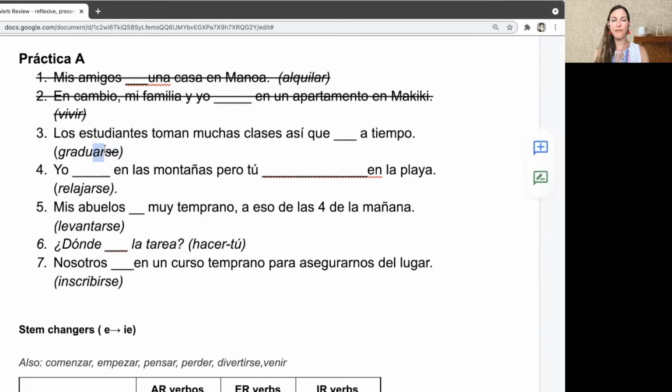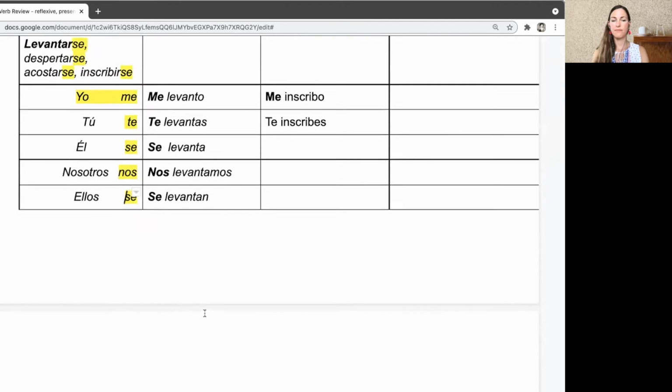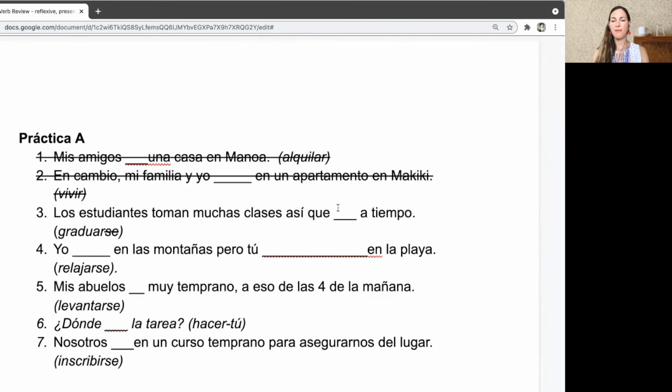We need the ending for they. So toman muchas clases, así que we need to put something in the front. Which pronoun goes in the front for they? Se. Okay. So we come here, we're going to start with se. And then we have the verb gradu. That's where it ends. What's our AR ending for ellos? An. So, gradúan. We need our accent.